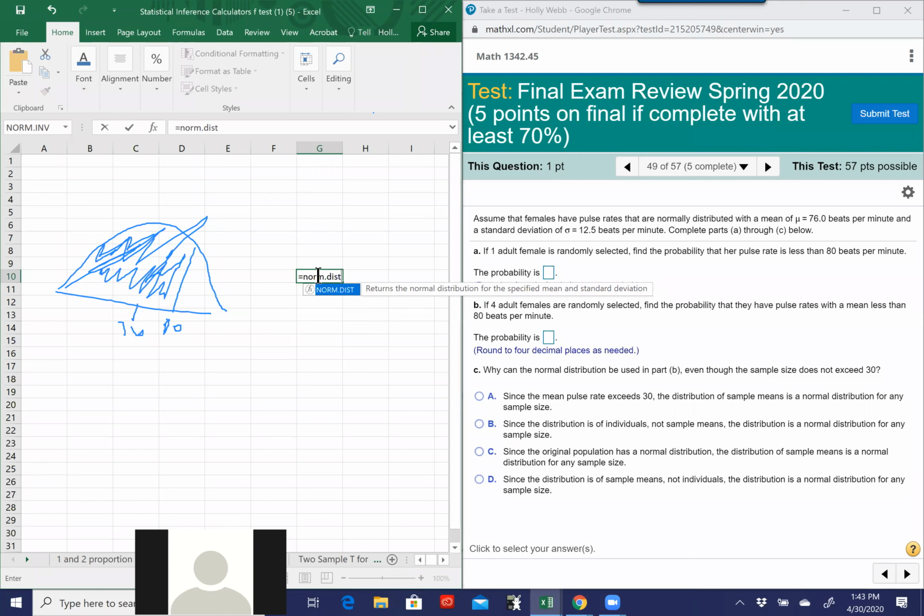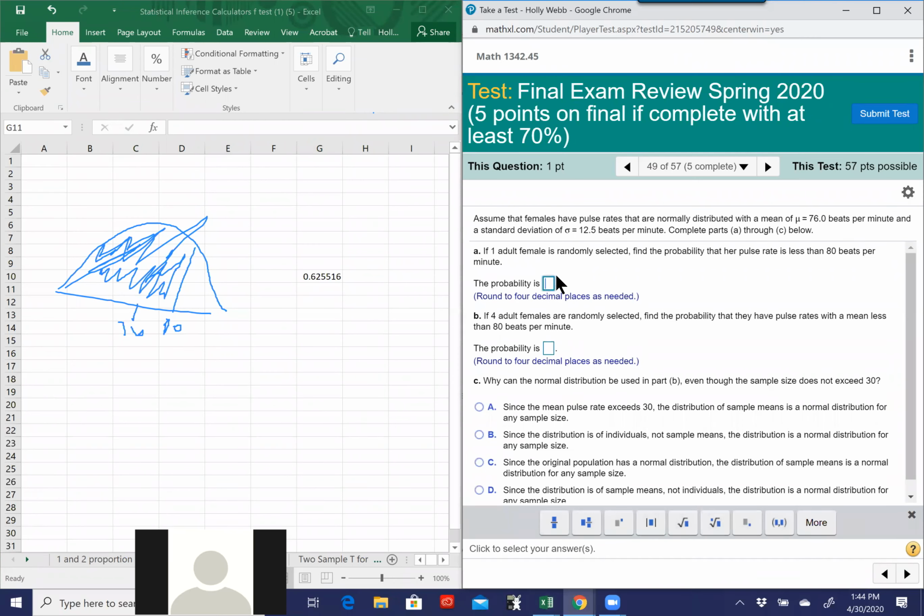And it's going to give us the area to the left as long as we put in our x, which in this case is 80, and our mean is 76, and our standard deviation is 12.5. And this is cumulative because we're adding up the area. We're going to put a 1 right there, and we'll see that the probability is 0.6255. Questions? So to find the area in a normal curve, you're going to use norm.dist.